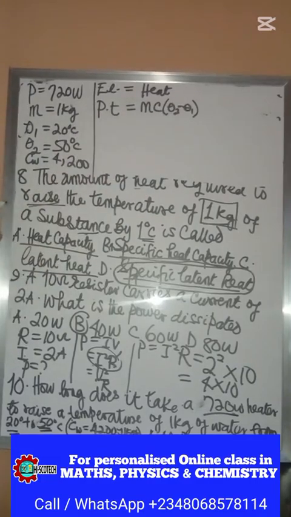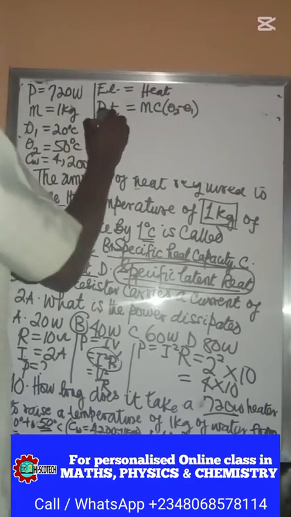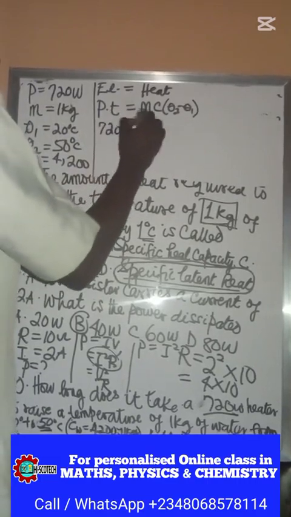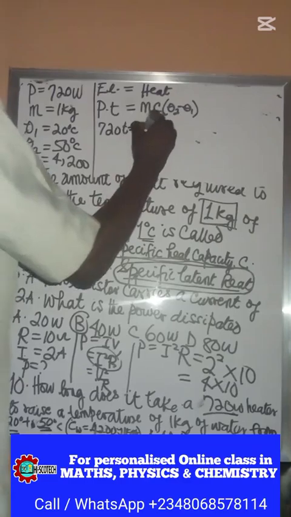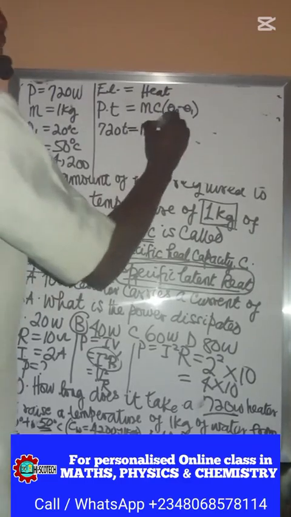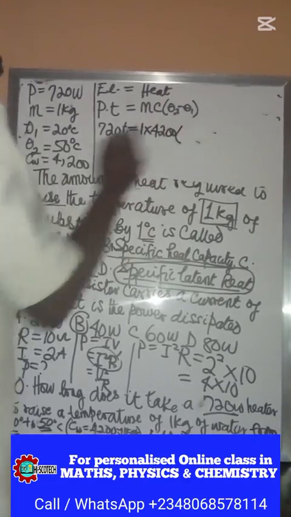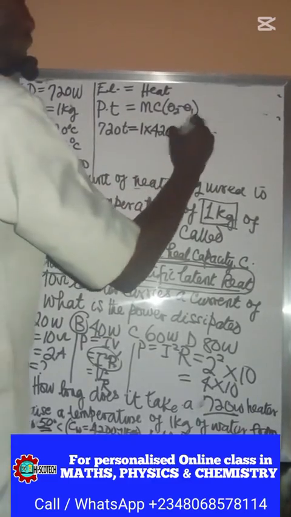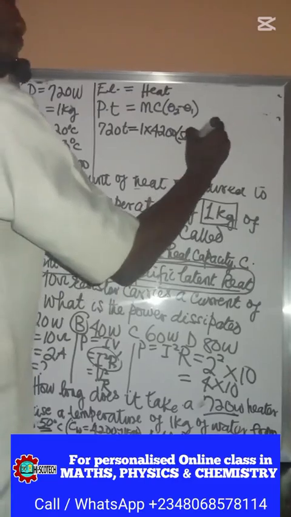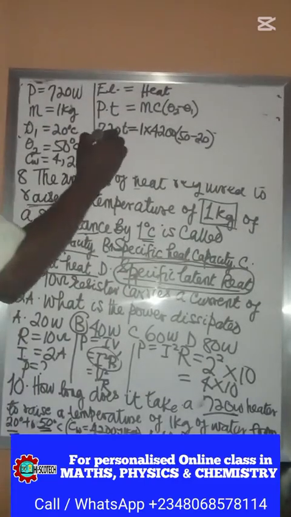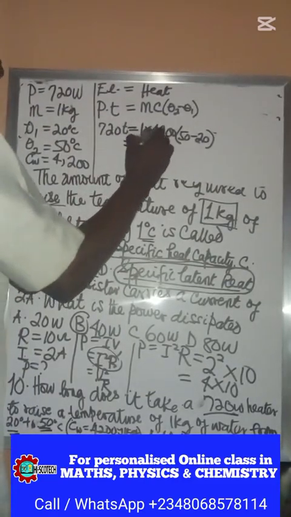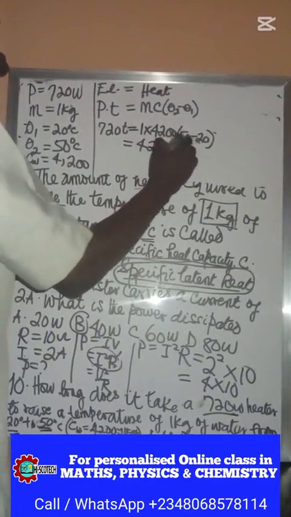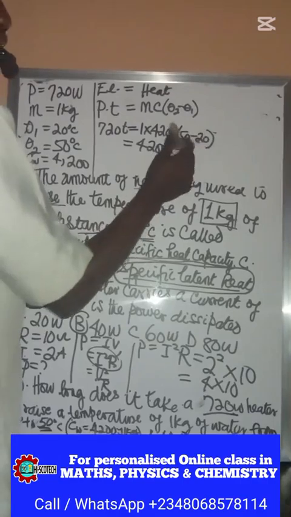Our power is 720 times T. Our mass is 1, our C is 4200, our theta 2 is 50, our theta 1 is 20. So this will give us 4,200 times 50 minus 20.